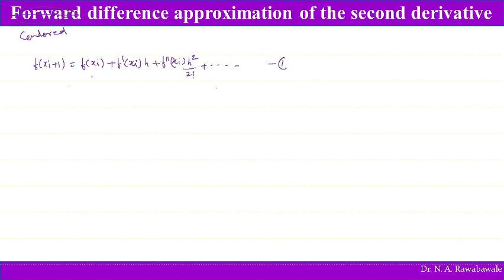This is equation number 1, according to the forward difference approximation of the first derivative. Then again we write the backward difference formula, Taylor series expansion: f of xi minus 1 is equal to f of xi minus f dash of xi h plus f double dash of xi h square divided by 2 factorial, minus and so on. This we call equation number 2.